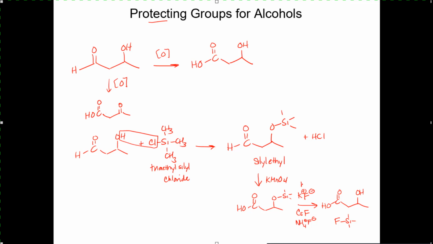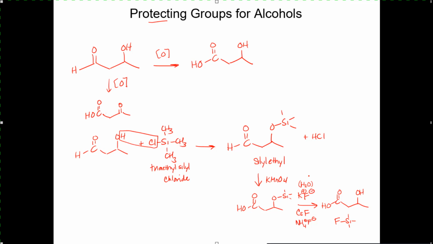All of these, right, are aqueous solutions. You can't just add solids in. When they react with this, they would strip off the silicon group and convert this back to the alcohol. So this is what is called a silyl ether protection of alcohols.